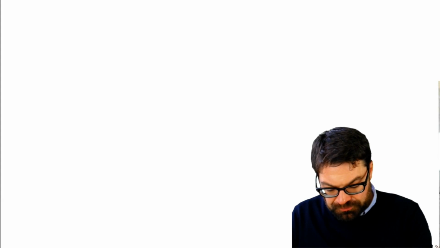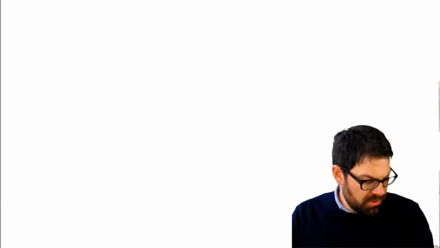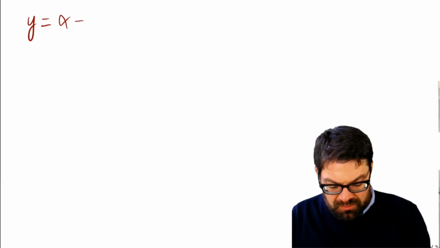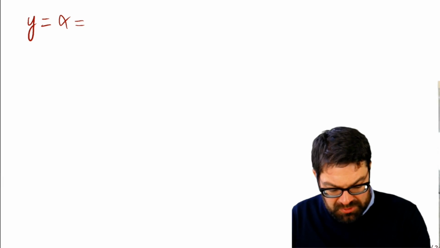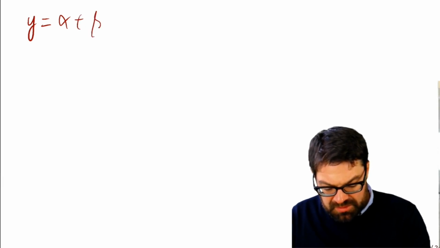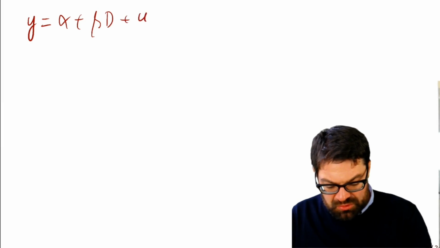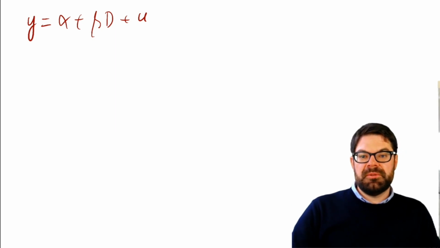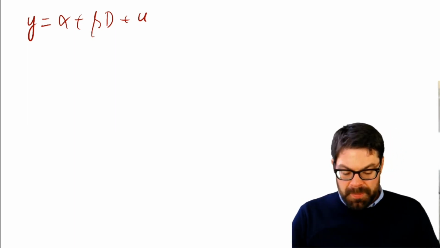So let's start first of all with the relationship of interest. So the relationship of interest is y equals alpha plus beta d plus u. That's the relationship of interest. So we're interested in the effect of the treatment on the outcome.